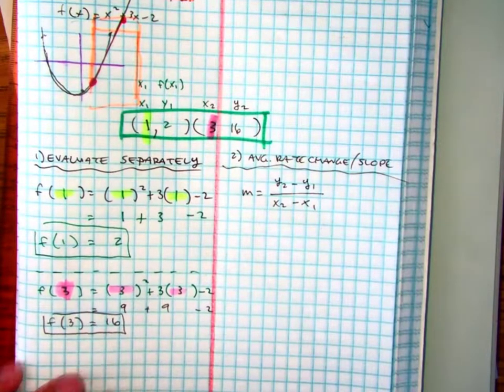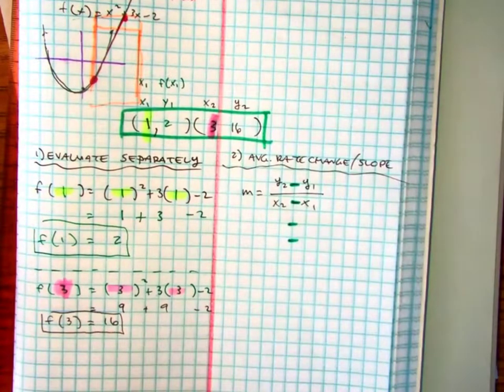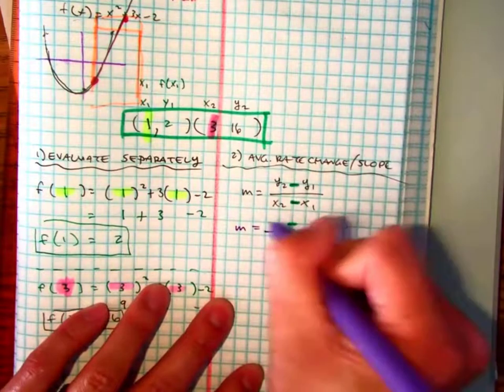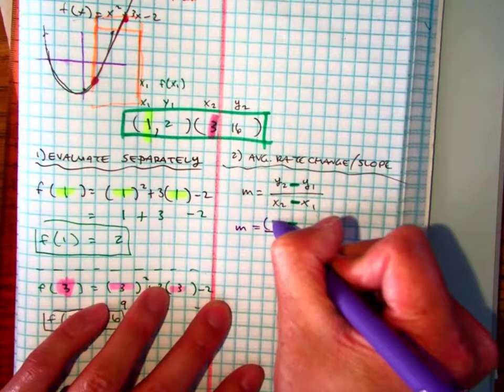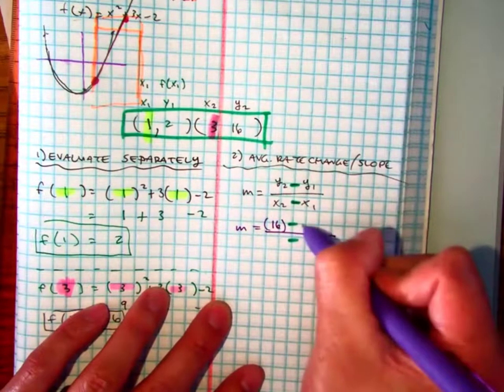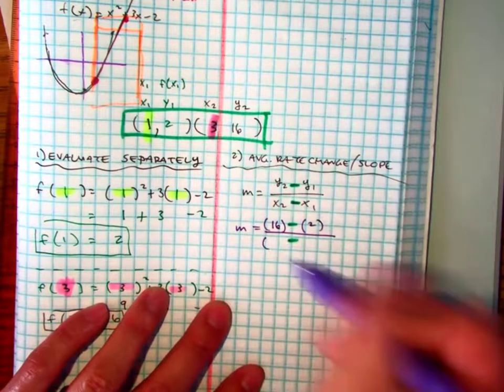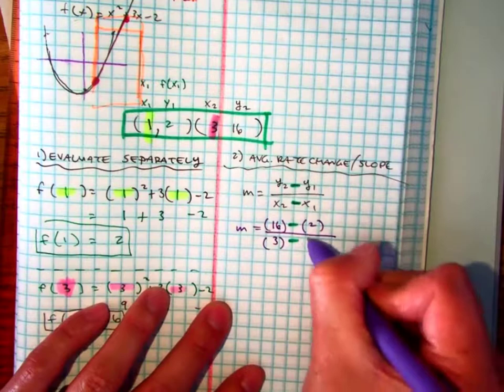I'm going to highlight the minus sign. My y2 value is 16 minus 2 over 3 minus 1.